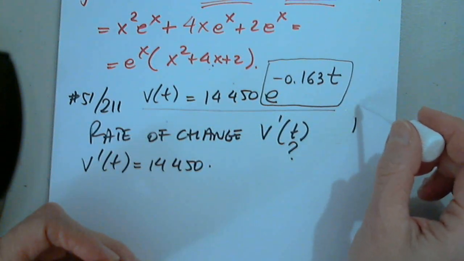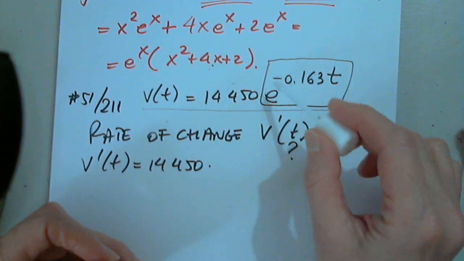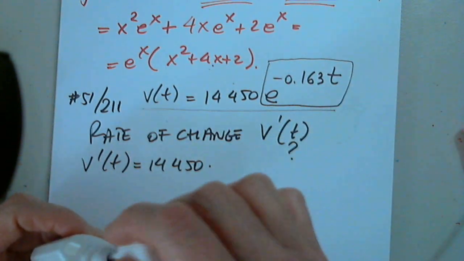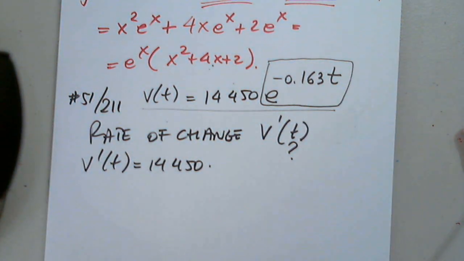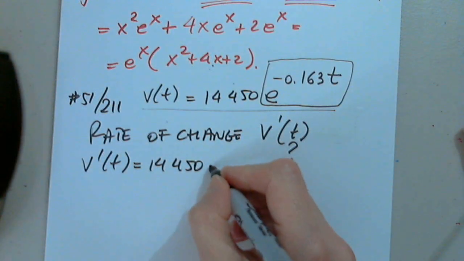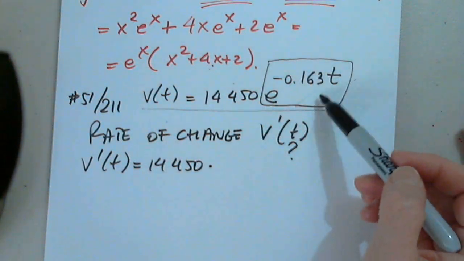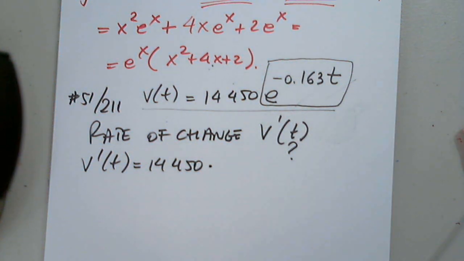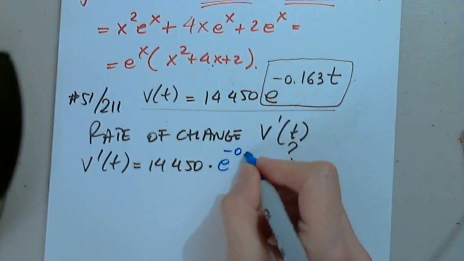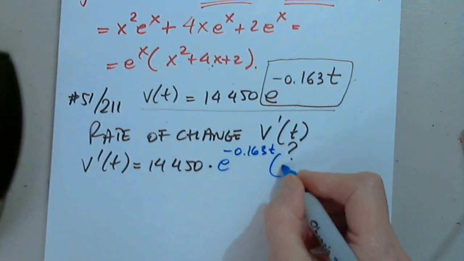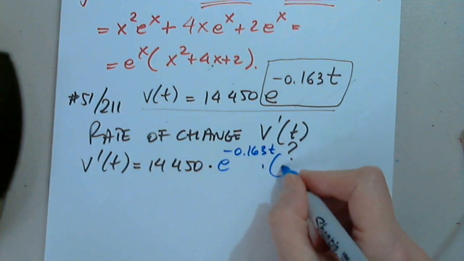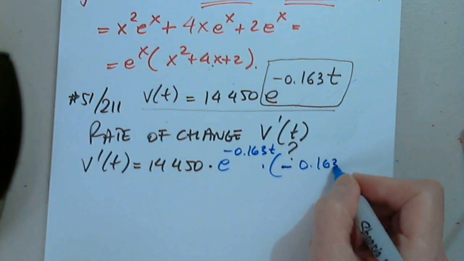So can anyone help us differentiate this piece that is boxed in here? How do I differentiate this? It would be e to the negative 0.163 t times negative 0.163.